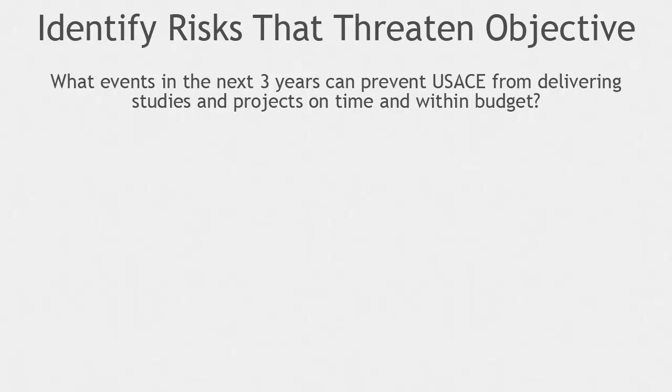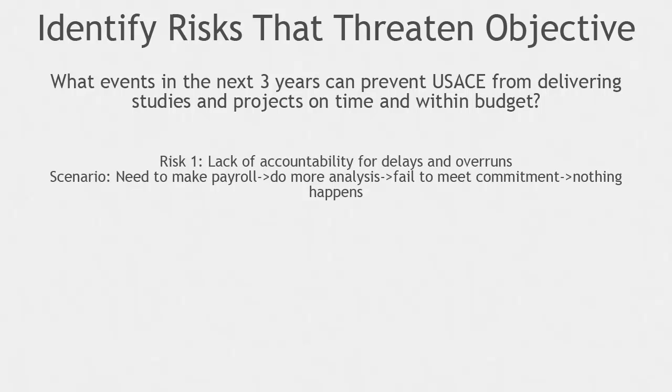Now, we want to identify risks that threaten that first priority objective. We begin by asking, what events in the next 3 years, or some reasonable time frame, can prevent us from delivering studies and projects on time and within budget? One risk is the lack of accountability for delays and overruns.